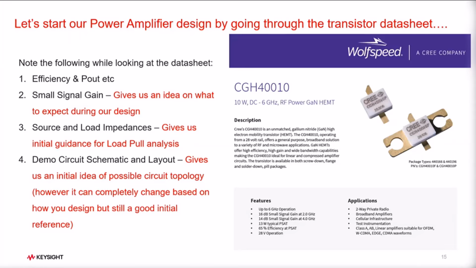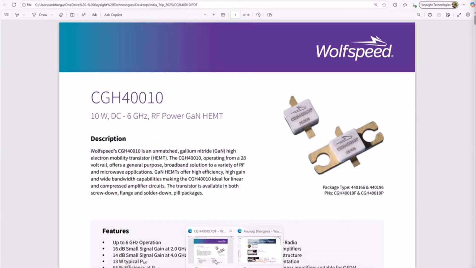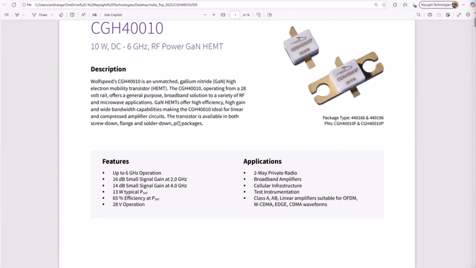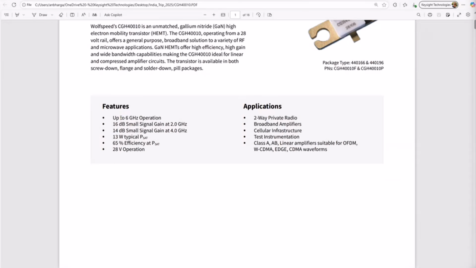All right. So having said that, let's take a look at that data sheet. So here is the data sheet for CGH40010. So you get an idea. Okay, it's valid up to 6 gigahertz. We are looking to do 2.4 gigahertz, so that checks out. Small signal gain around 2 gigahertz is 16 dB.